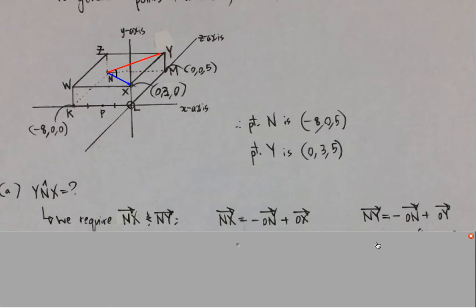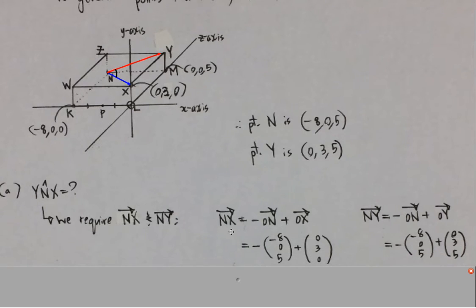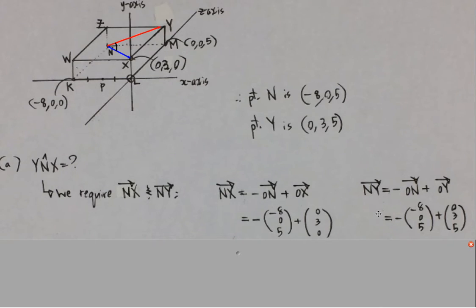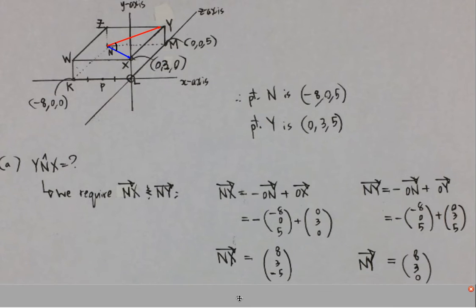And you go about doing that using the negative of the original position vector plus the position vector that ends at the second value, and the same thing for NY, negative ON plus OY. Those are vector basics for position vectors. And then you just substitute and simplify in component form, and you come up with the NX and NY vectors respectively.